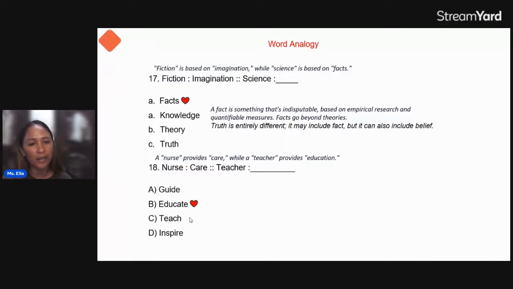In educate, there's guiding, there's teaching, and there's inspiring. So all in one, it's educate. In educating a student, we're guiding them, teaching them, and inspiring them. That means teacher is to educate.